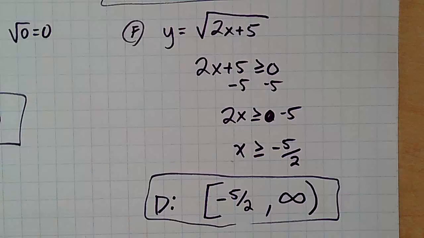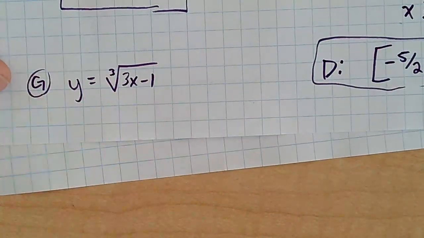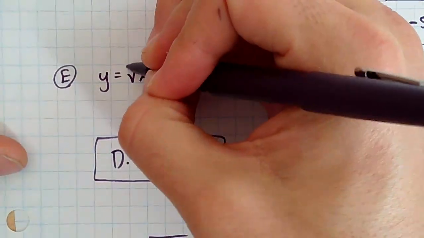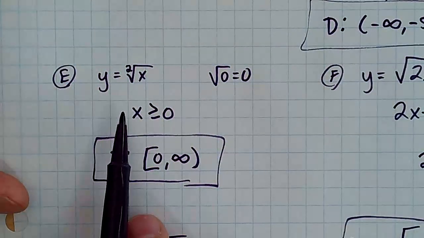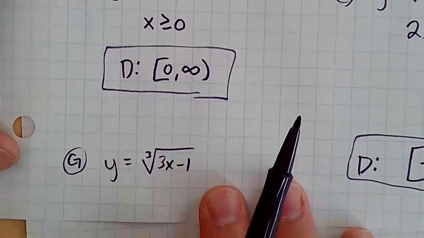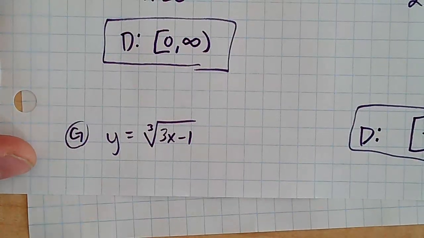One more example here. Now we have a cubic root of 3x minus 1. These before were square roots. When we don't see a number in the index, as we call it, we assume it's a 2, because square roots are what we use most often. But we do have other types of roots, third roots or cubic roots. We have fourth roots and so on.